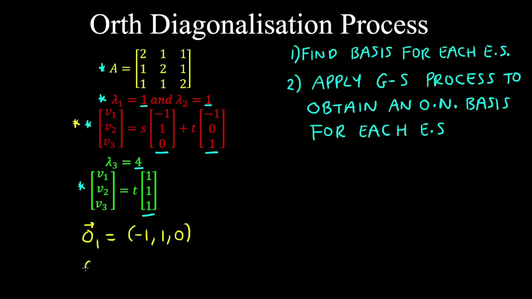and then the next step of the Gram-Schmidt process involves taking the second basis vector and projecting the second basis vector onto the first orthogonal basis vector. So using the inner product, we obtain -1, 0, 1. And we take the inner product of this with O1.